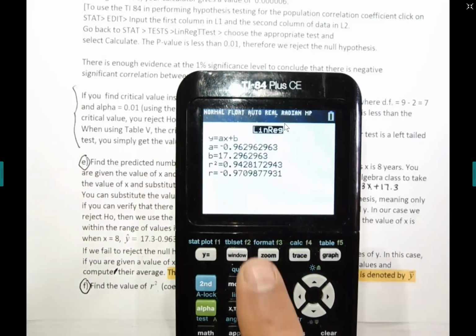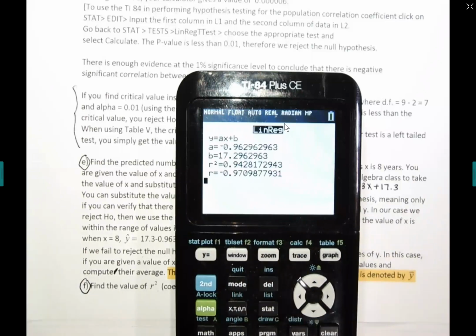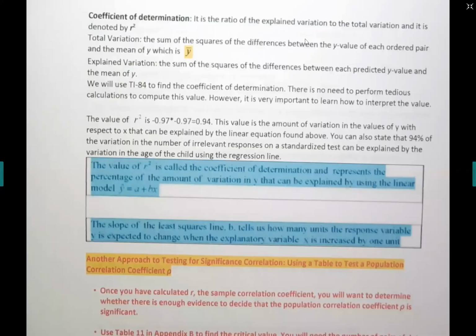So R squared is, can you write it down to 4 decimal places? It is 0.9428. Write it down. All right.